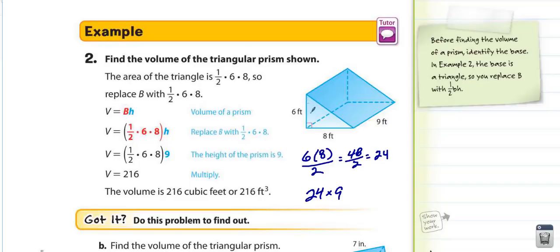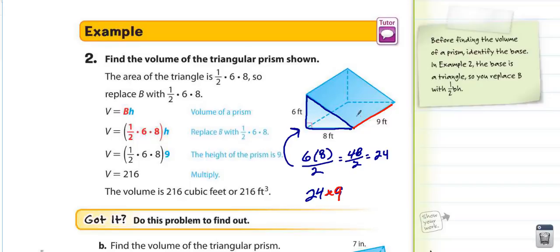So breaking it into two separate problems, work to get the area of that triangle, and then once you have that, multiply by the height.